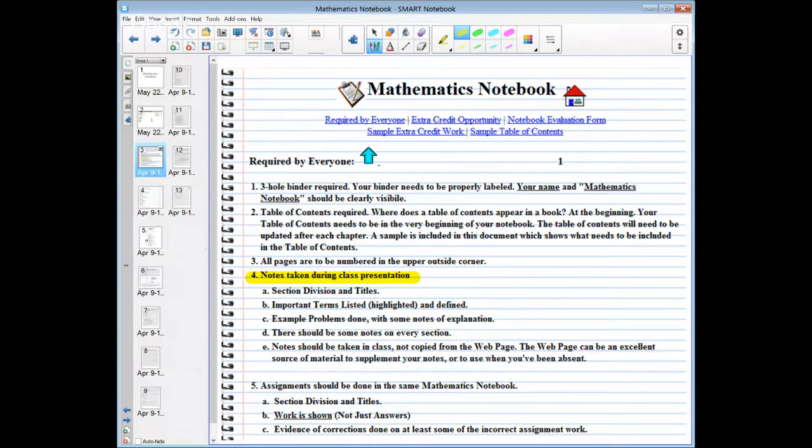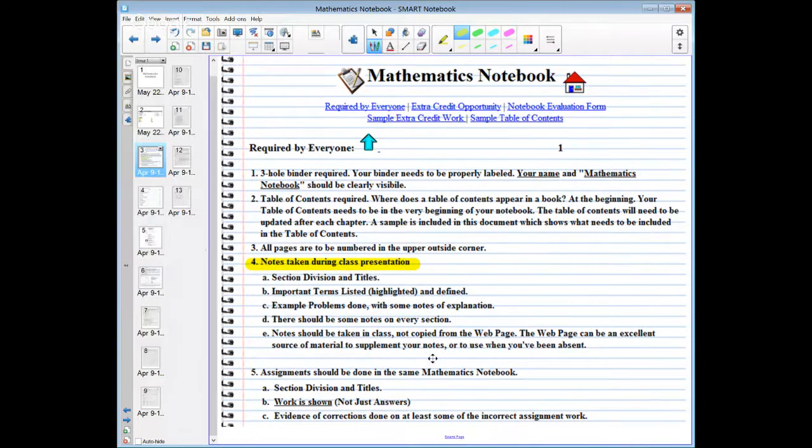I'd rather have you listen and really get it and write down some important things. So section division and titles, meaning chapter 1, lesson 1, and then the title of that lesson, followed by important terms.